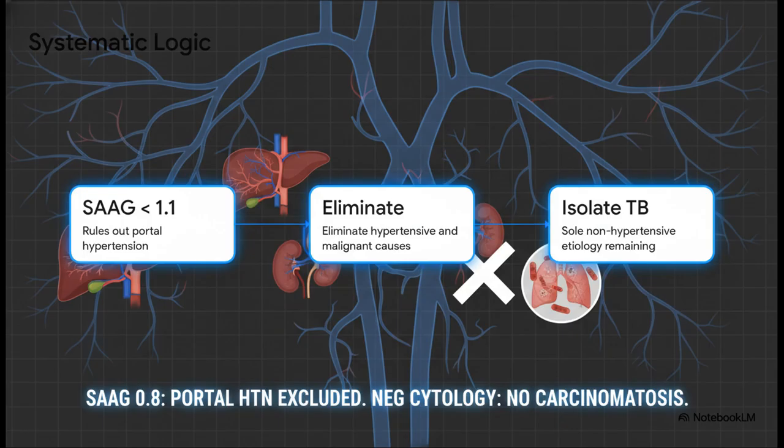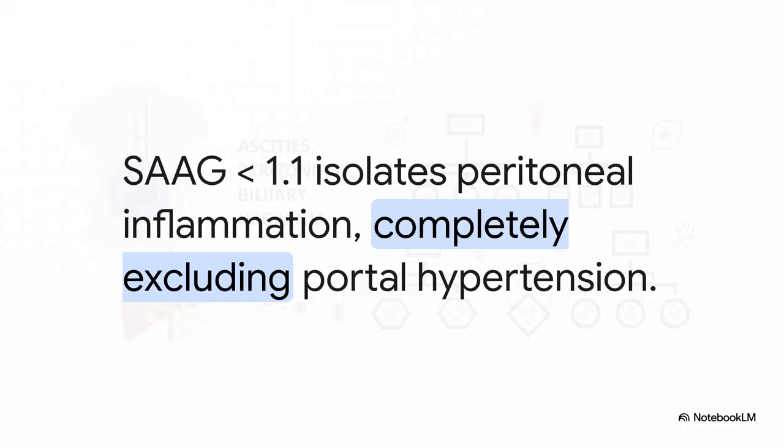We successfully isolate tuberculosis as the sole remaining viable non-portal hypertensive, non-malignant driver of this patient's ascites. The crucial takeaway here is the absolute divergence in management pathways. A SAAG of less than 1.1 completely excludes portal hypertension algorithms. At that point, you're no longer managing hydrostatic pressure, you're hunting for local peritoneal pathology or systemic oncotic collapse.